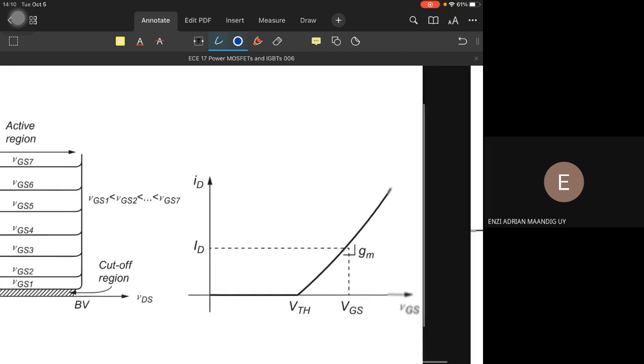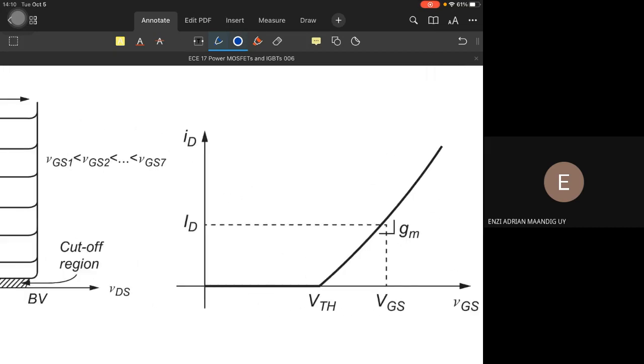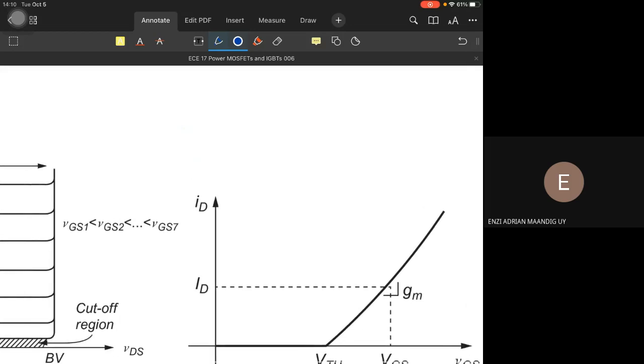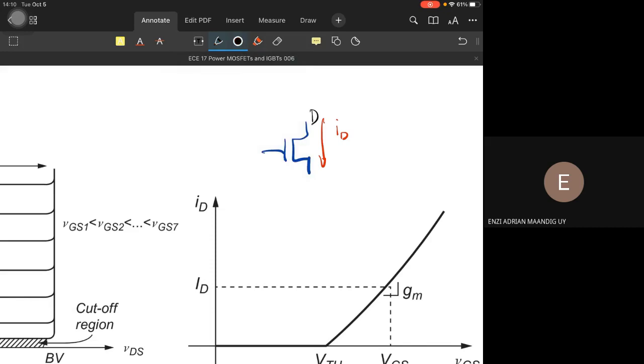And this now is the relationship between VGS and ID. We know that ID, the current flowing from the drain to the source terminal, is dependent on the applied voltage between the gate and the source.